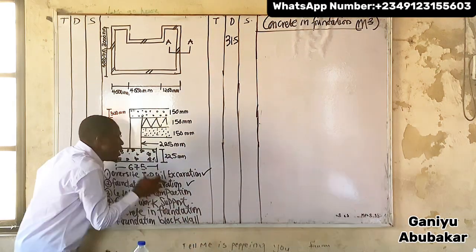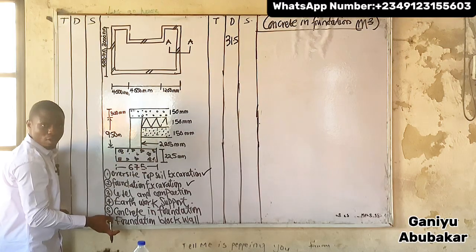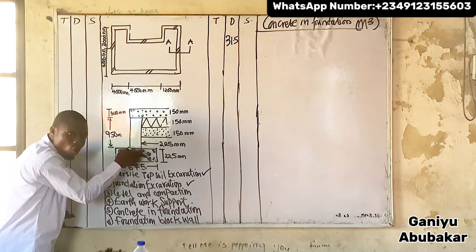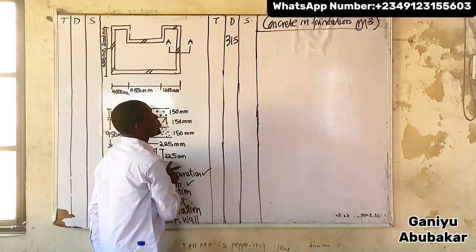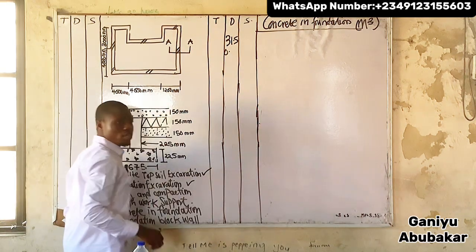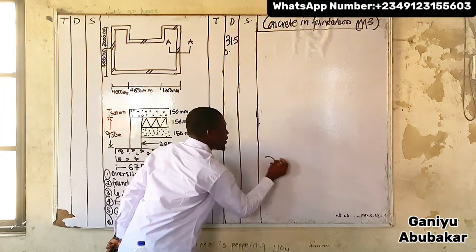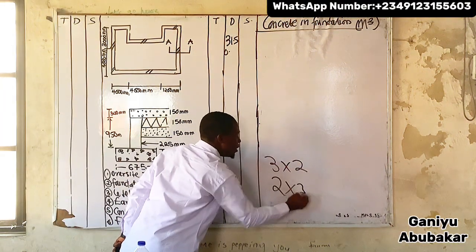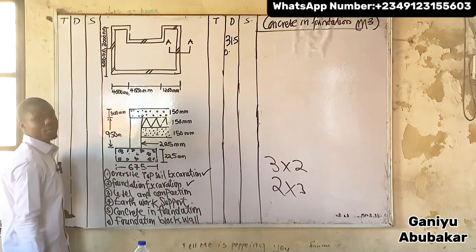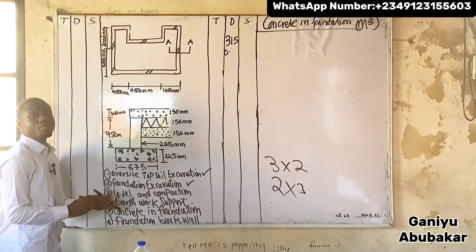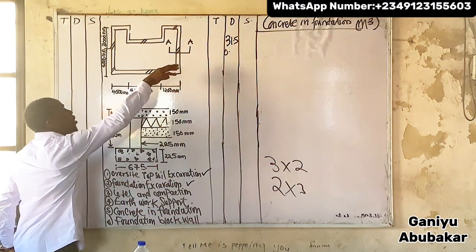What next now? We said this is the blinding, the foundation under it. This is concrete now. So now this foundation concrete, what's the height? What's the breadth? What is one here? 0 point what? If I say 3 times 2 or 2 times 3, it's the same thing. L, B, H. Now, hold on.